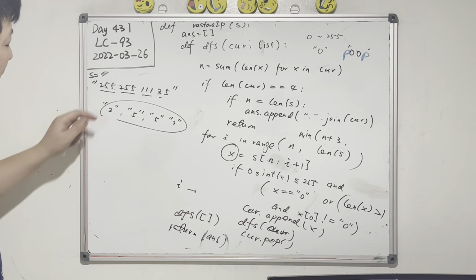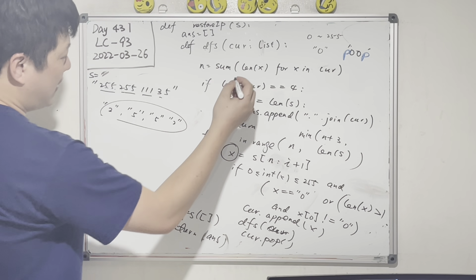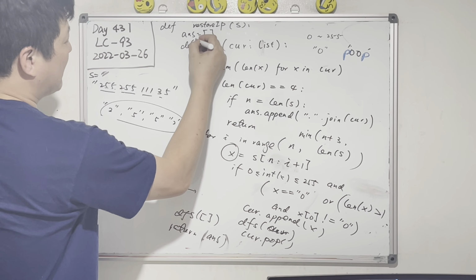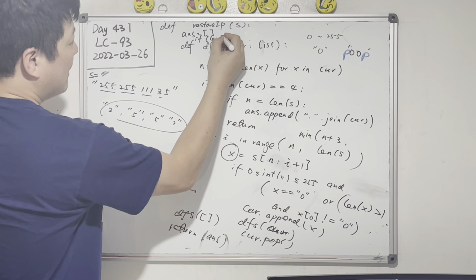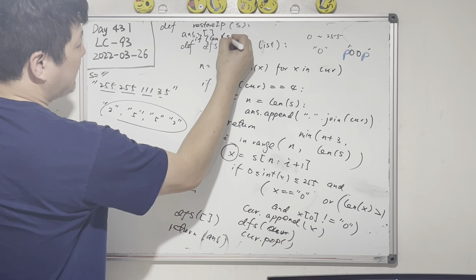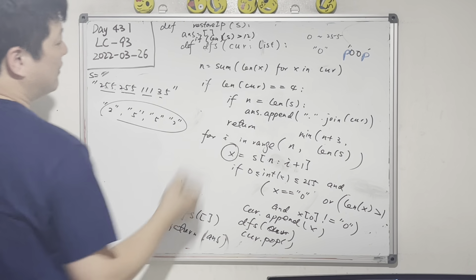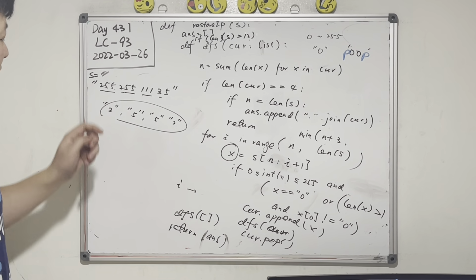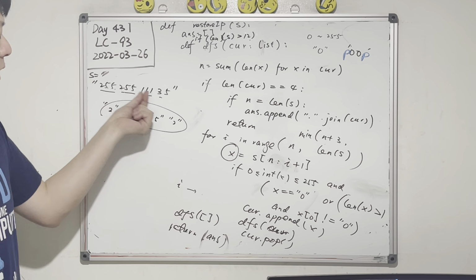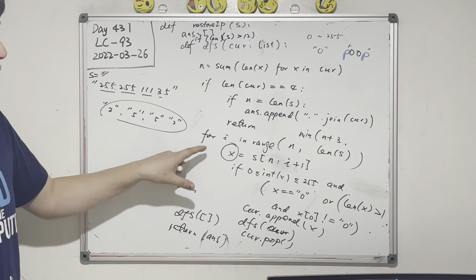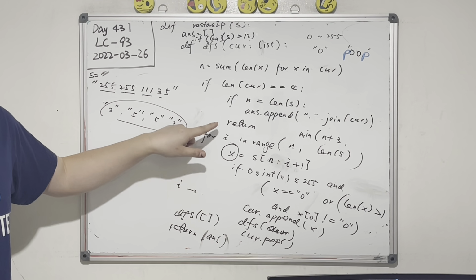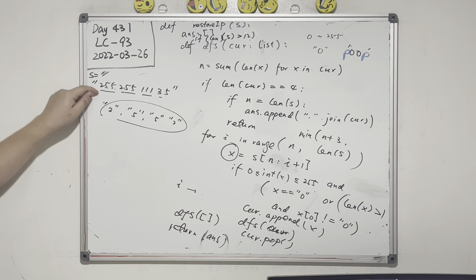Okay, so look, here we may check the length. If the length of s is bigger than 12, what does it mean? If the given string is more than 12 digits, do we need to do this backtracking? No, because there's no possible answer.